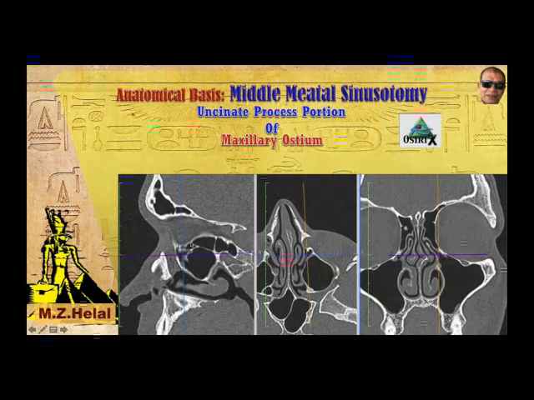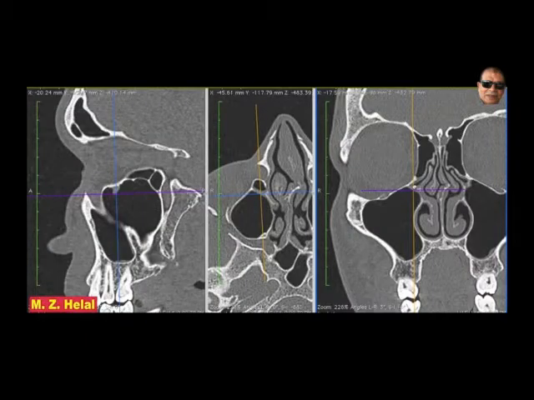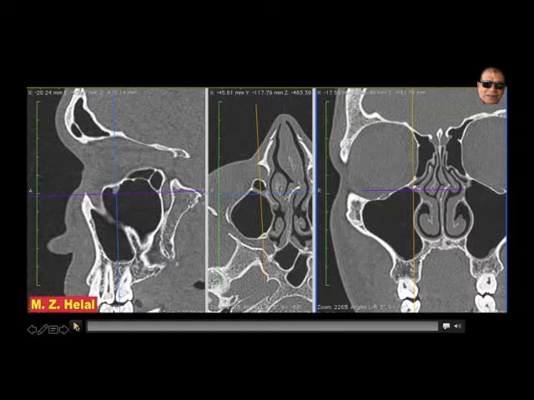And on sagittal cut, we see the ostium here in intimate relation to the nasolacrimal duct, and it is also in the anterior part of the maxillary sinus. So the ostium is in the anterior and superior part of the maxillary sinus, like here and there. Now, this is the multiplanar reconstruction, and as I said, this intersection is the same point on sagittal, axial, and coronal cuts.